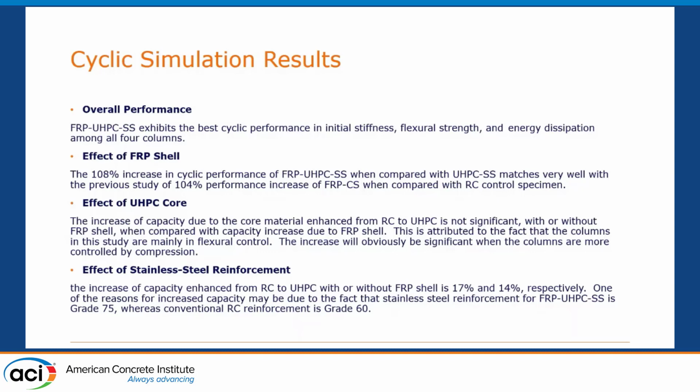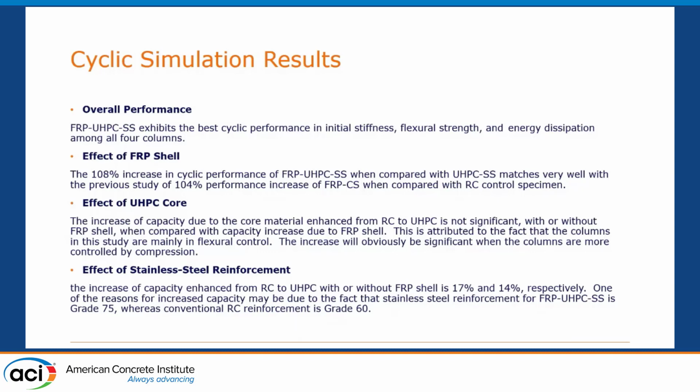If the columns were more compression controlled, that would definitely lead to a significant increase of the UHPC versus the regular reinforcement. So the increase using the UHPC shell versus the conventional reinforced concrete is 17% and 14%, right?